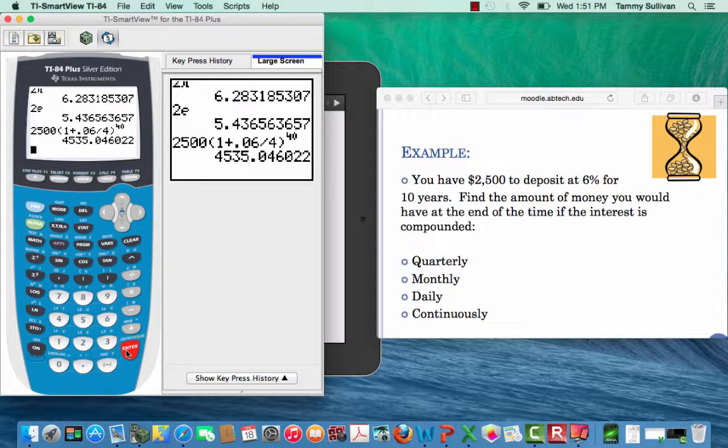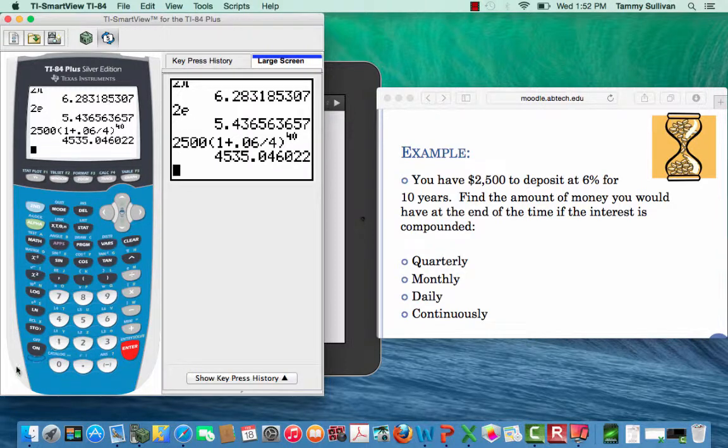So for quarterly, and I'm going to write this on the side so then we can recap it, that's going to be $4,535.04. Math people would round to 5, but the bank's not going to.